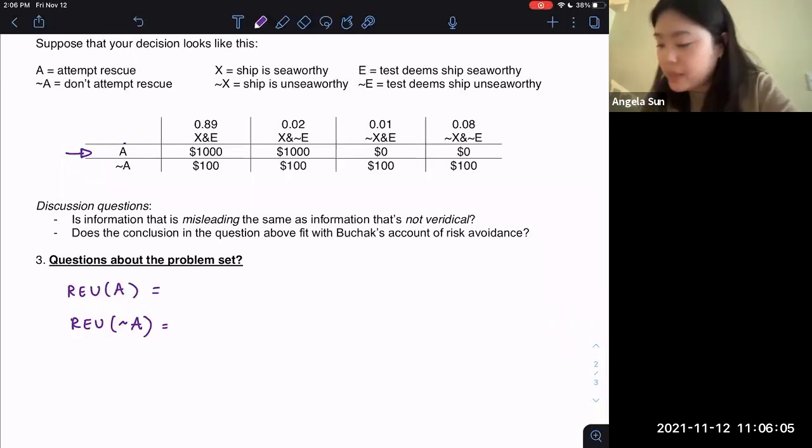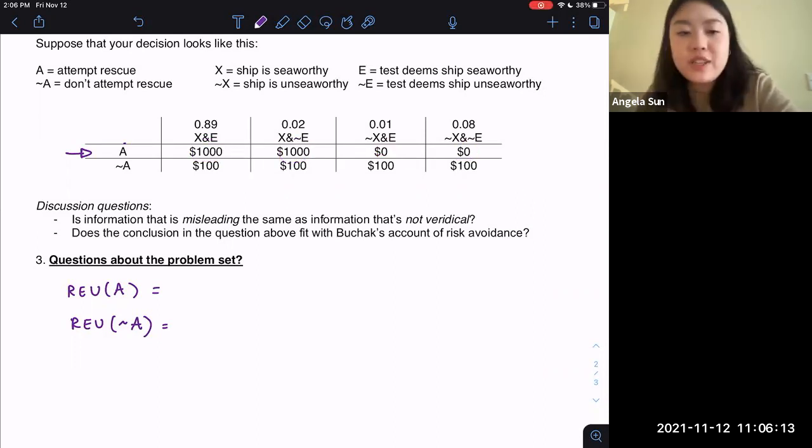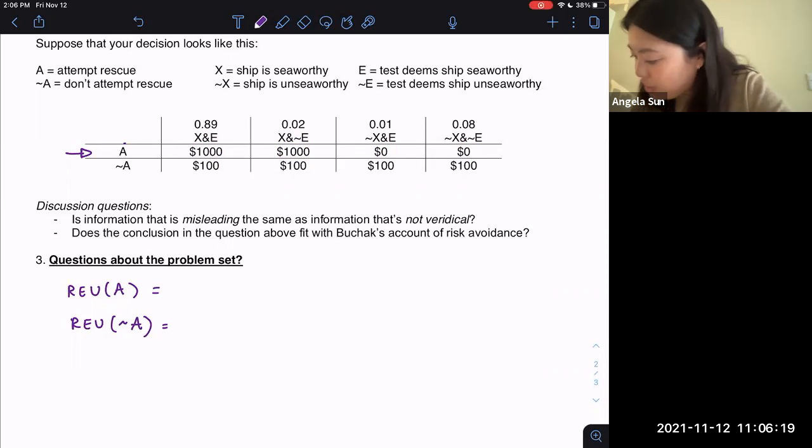Notice how there are two possible outcomes here. There's $1,000 and there's $0. Those are the two possible outcomes. So we know we're going to use the two-outcome equation for risk-weighted expected utility, which is REU = R(p) × U_max + (1 − R(p)) × U_min.